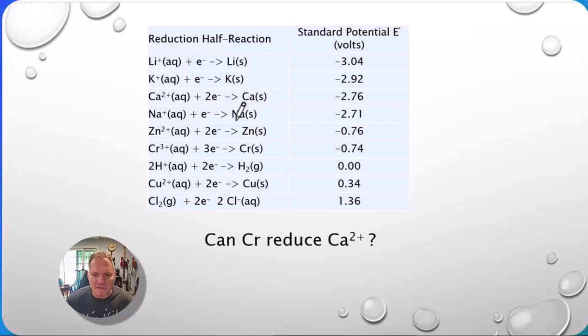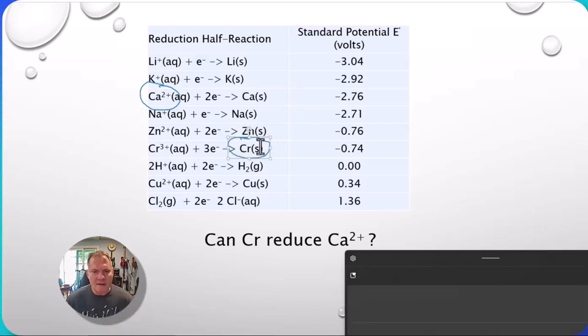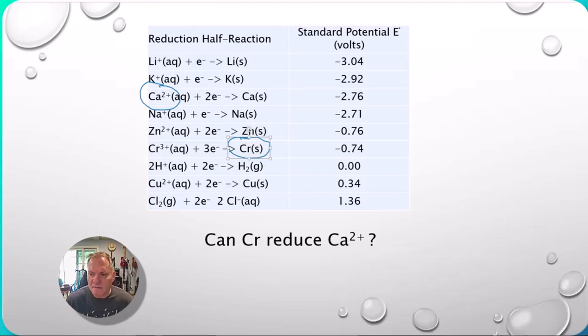So can chromium reduce calcium? The first thing I want to do is find those two guys on this table. So calcium 2+ is right here, and chromium is right here. We want to look at the two voltages of those two different things. What I have is the reduction of calcium is negative 2.76 volts.